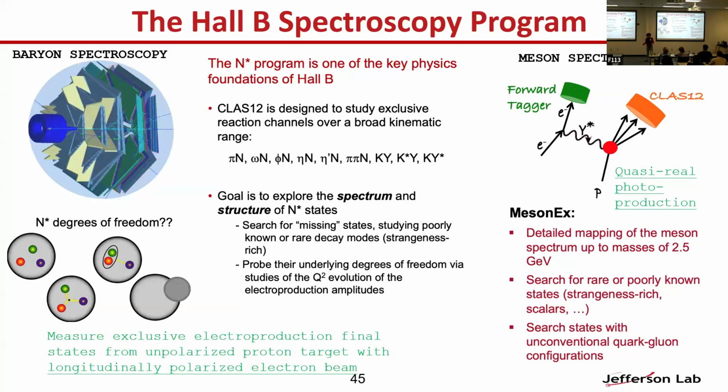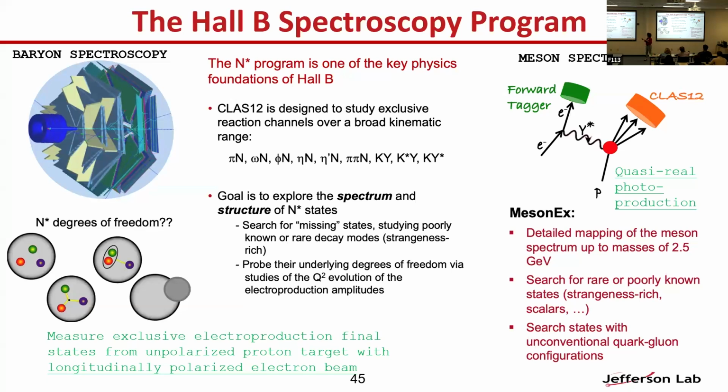But we also have in Hall B, as I said, a very important program for spectroscopy, not only for establishing the nature of the N-star particle excitations, but also the search for hybrids, which will also be done in CLAS12, because we have a forward tagger, so we can have a quasi-real photon.